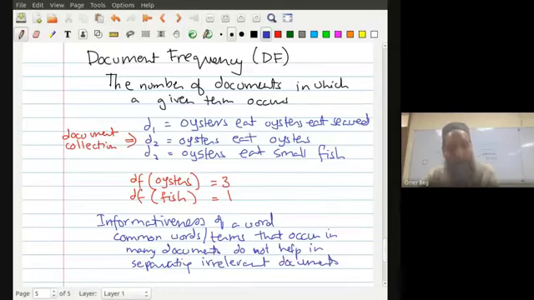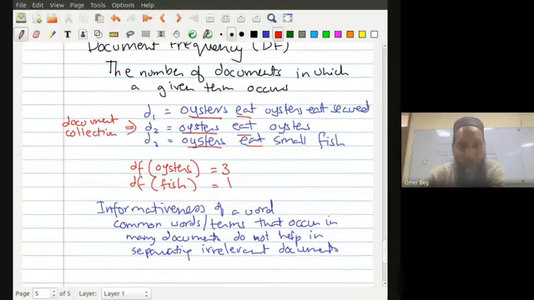For example, if you are searching for something, the word oysters in these documents is not really helping. Neither is the word eat, because they occur in all the documents. So such terms should be weighted less.